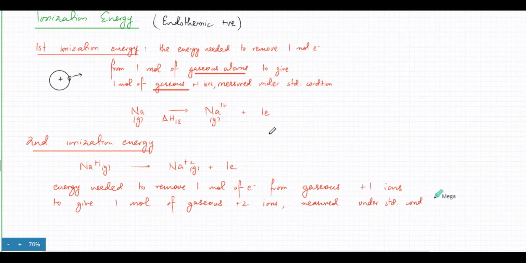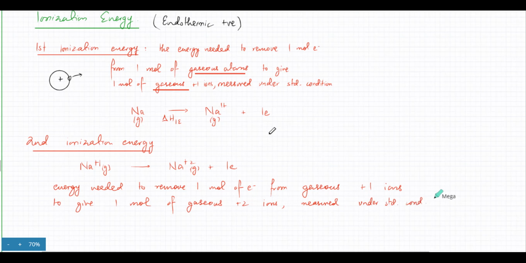So what's the equation for, let's say, the 12th ionization energy? I mean, this is just an example. I'm asking for the equation of the 12th ionization energy of chlorine. What would the equation be? For the 12th, you're trying to remove the 12th electron.